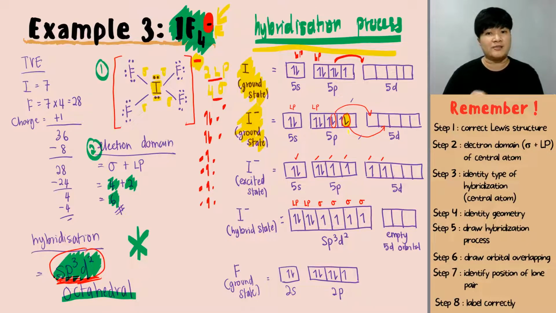So you need to have extra electrons. And when you have the ground state correct, the rest of the thing will be as follows. Okay? Alright, as simple as that, the hybridization process for your central atom that holds lone pair and also charge. Both of it. Okay?